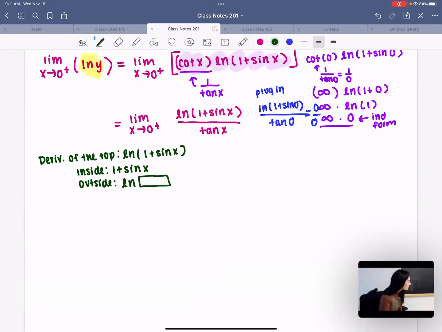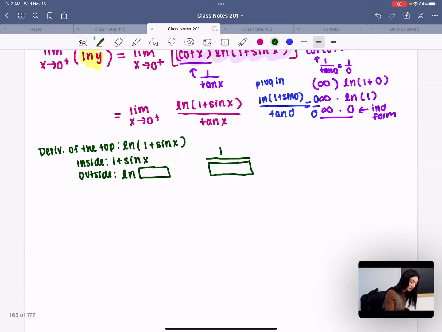To use the chain rule, we do the derivative of the outside first. What's the derivative of the natural log of something? 1 over that something, or the inside. And then what's the derivative of 1 plus sine x? Cosine x. Once I'm done doing the chain rule, you can just write the inside back in the box.